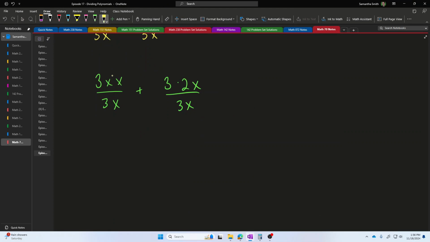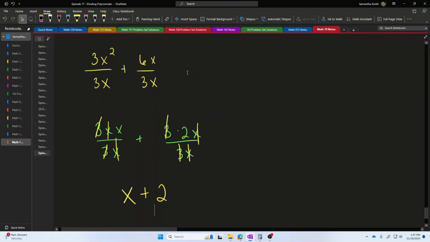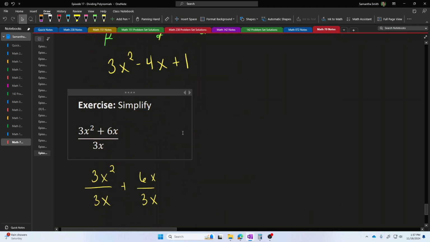In the first fraction, if I cancel the common 3's and the common x's, and in the second fraction, if I cancel the common 3's and the common x's, I'm left with x in the first term and 2 in the second term. So here I have x plus 2. So this is how we divide polynomials by terms. We just divide the polynomial one piece at a time.